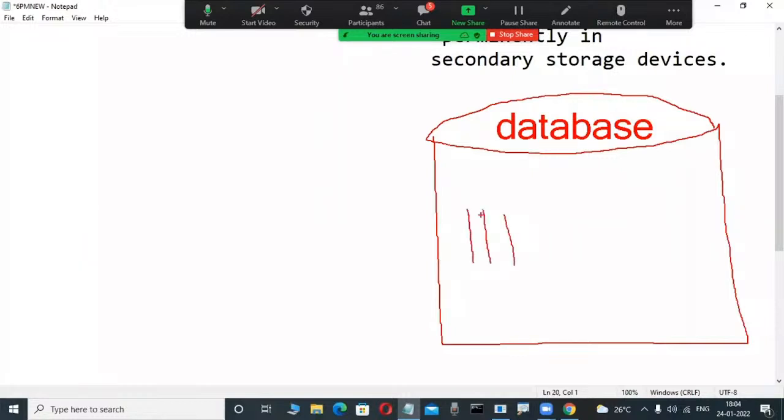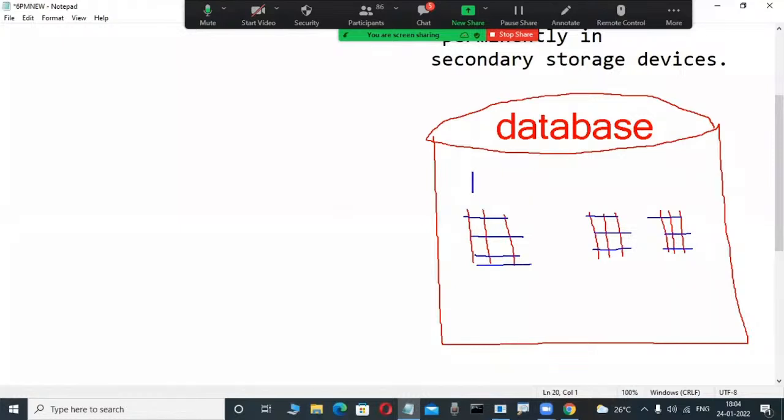Why? Because for these databases, the relational data model is a concept, which I will tell you today. Based on that, these products are implemented. They are called relational databases. Here, a structured collection of data is there.